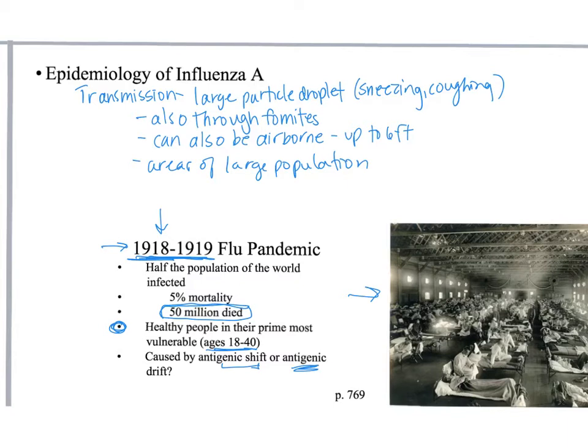We do have better vaccine capacity, but our vaccine isn't super either. So it's definitely something to be worried about. And this picture is from your book there. They're filling up gymnasiums, when hospitals became overrun. Okay, so interesting to think about.